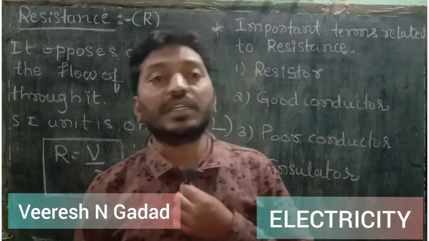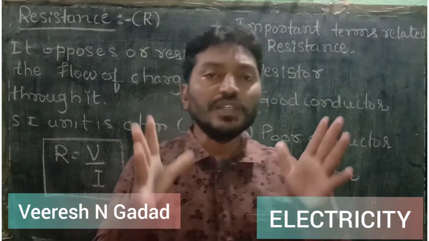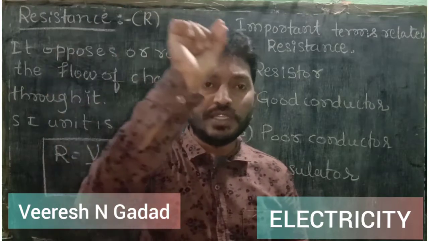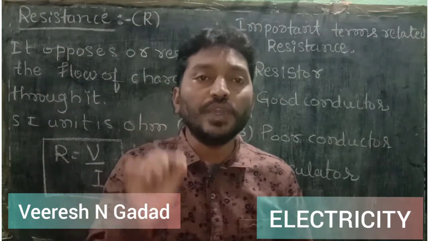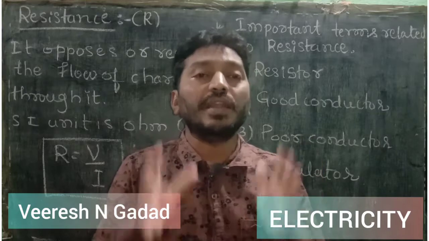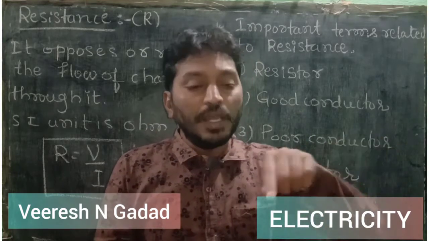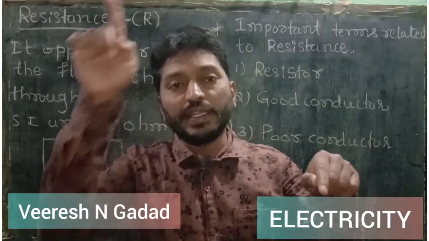What is resistance? Dear students, as you know, current flows through the circuit. When we connect a battery or a cell, the current flows through the conductor from the positive pole to the negative pole.